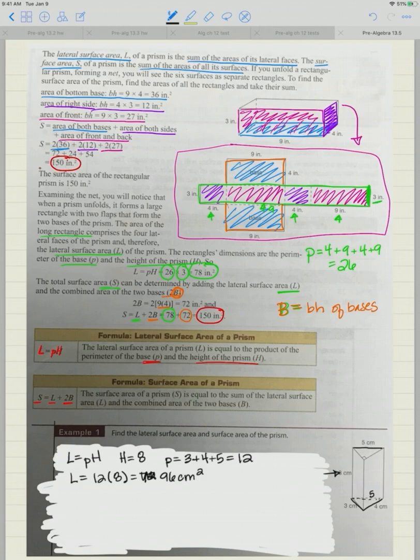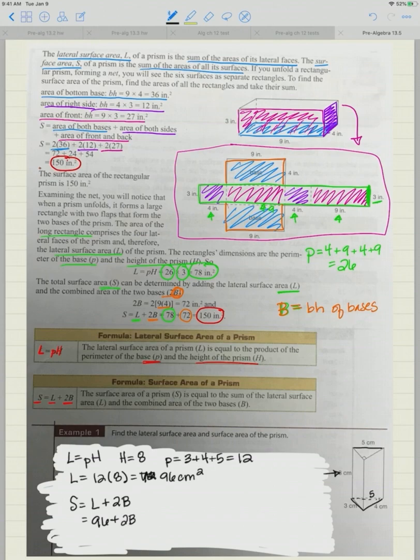Now, in order to figure out big S, that is equal to big L plus 2B. So S is going to be equal to 96 plus the area, or excuse me, B is the area of the triangular base.